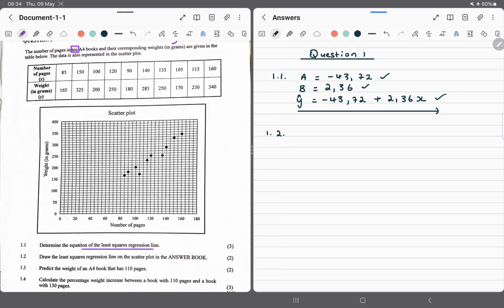1.2. By the way, let's find what our R is. Again, we do the same thing, shift, stat, and then regression, and then we choose R. So I'm getting R is equal to 0.97. Can you see this is closer to 1?